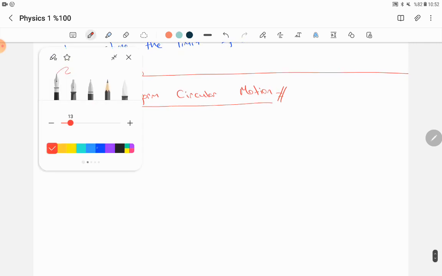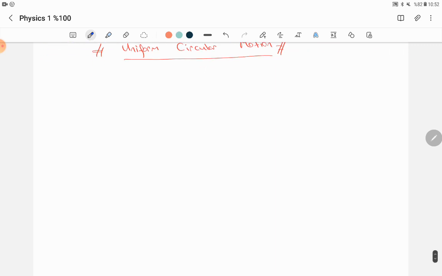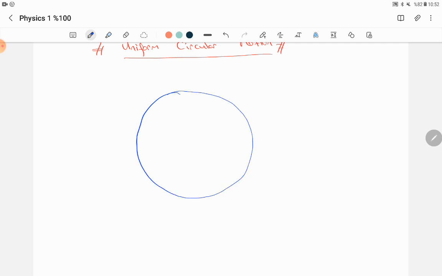For example, this is our circular path, this is the pivot at the center of the circle, and this is our radius r.